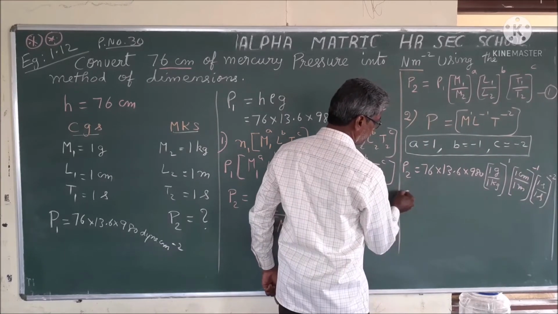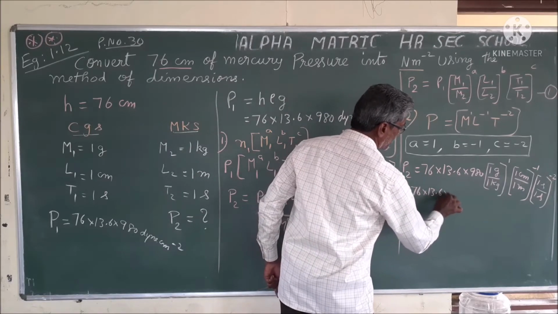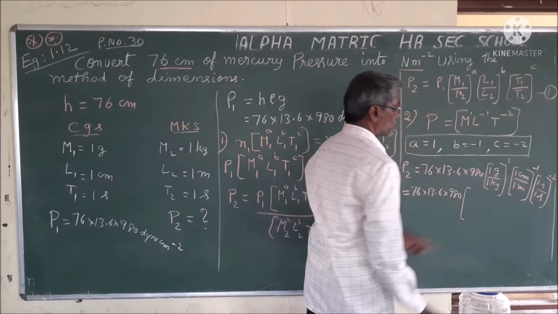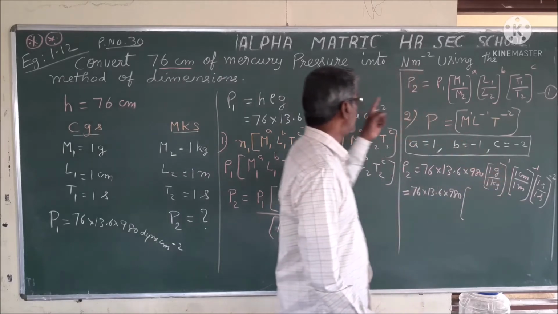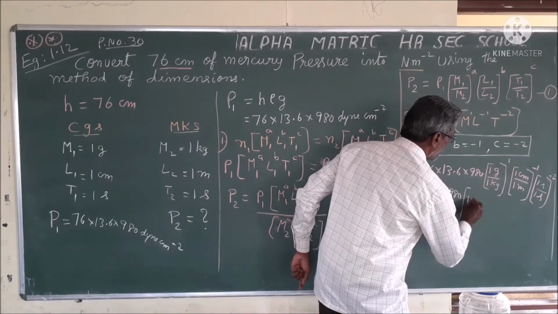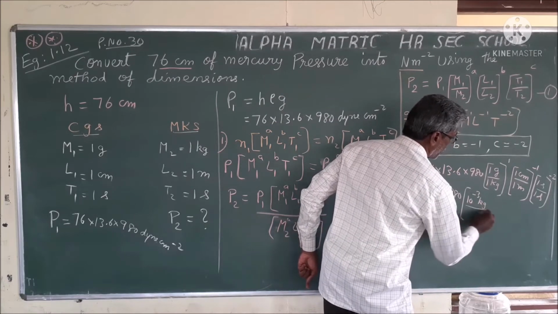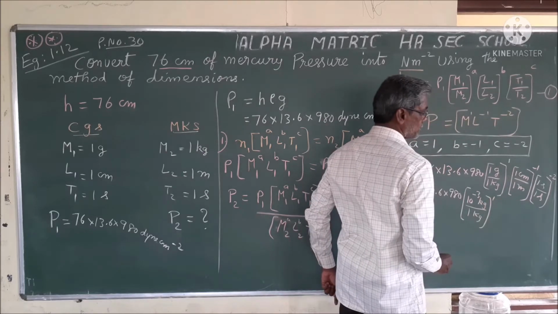Now 76 into 13.6 into 980. This gram you convert into kilogram because we need the MKS system. So 1 gram, how can I convert? 10 power -3 kilogram divided by 1 kilogram whole power 1.